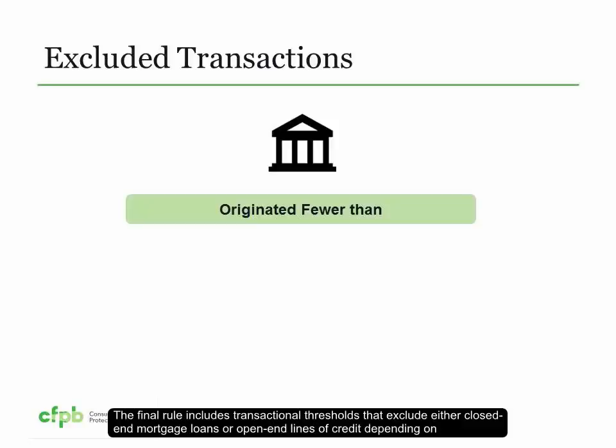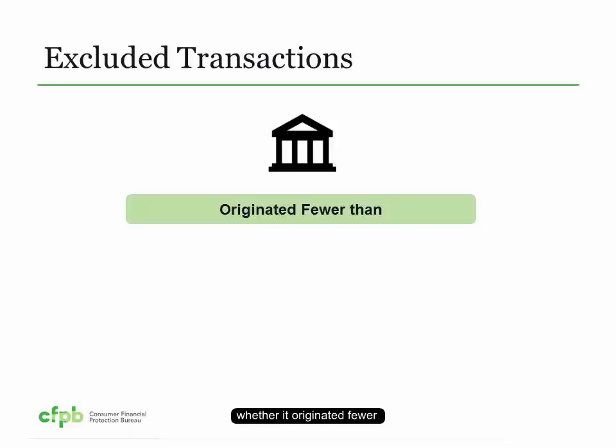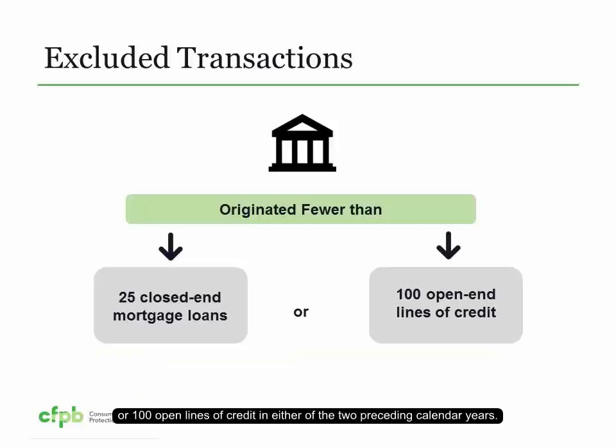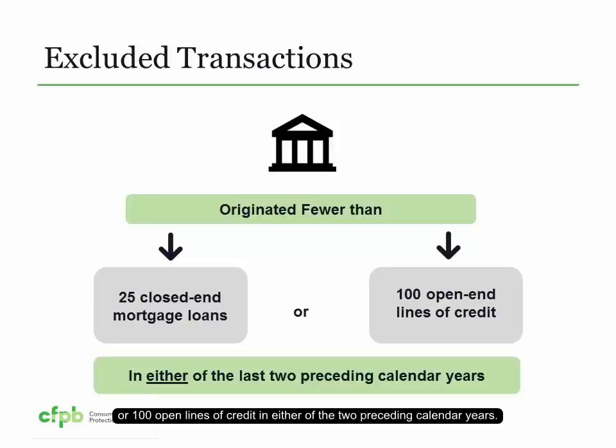The final rule includes transactional thresholds that exclude either closed-end mortgage loans or open-end lines of credit, depending on whether it originated fewer than 25 closed-end mortgage loans or 100 open-end lines of credit in either of the 2 preceding calendar years.